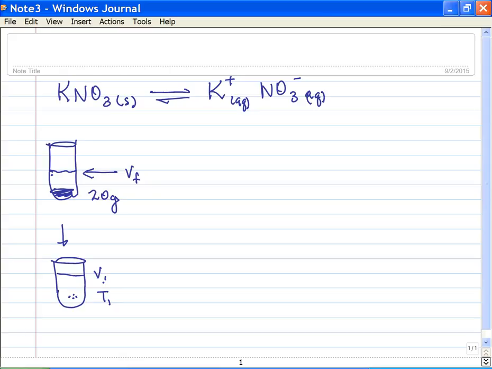Okay, so what that told you is that when you first saw the first little formation of white crystals, that tells you that that is where the temperature, where the equilibrium exists between solid potassium nitrate and the dissolved form of potassium nitrate, which is the potassium ions and the nitrate ions.